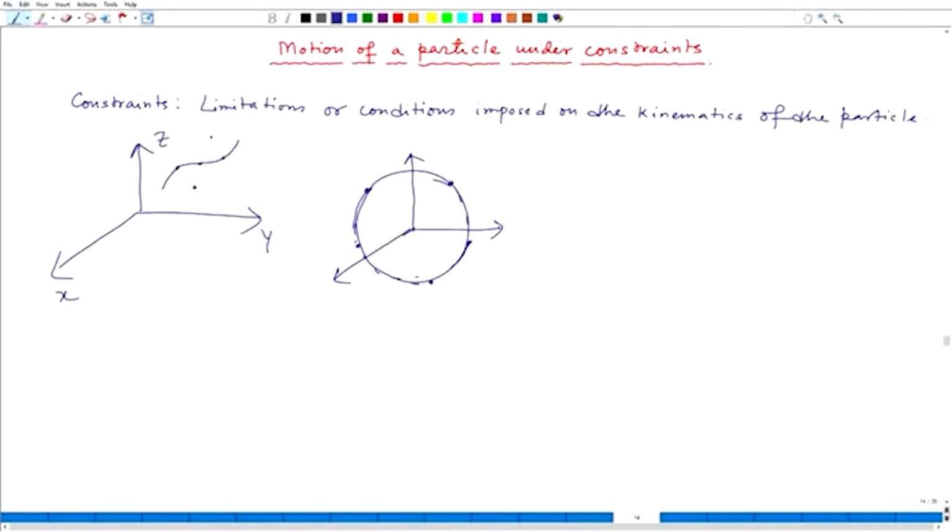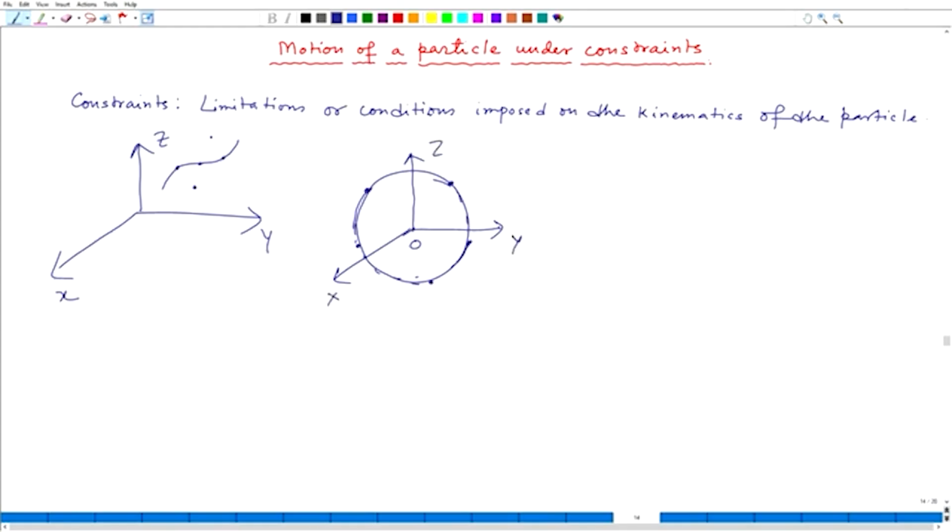A very well known example for such a type of constraint takes place when we are considering our motion on the surface of earth. Every time we are moving on the surface of earth, and we do not in general want to lose contact, otherwise we will fall down.